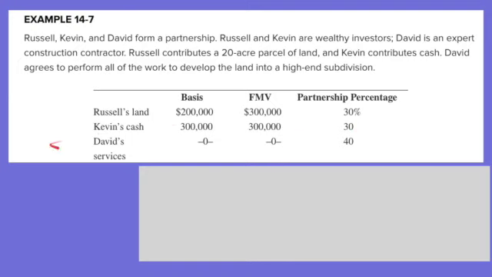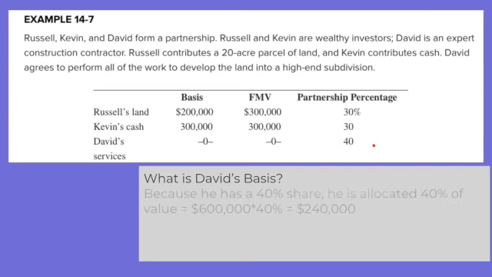Now, David's services, what do we do here? So, what is David's basis? It can't be 0 because he has 40%. We have to allocate those services value based on the fair market value of the business. So because the fair market value is 600,000, he gets 40% of that.